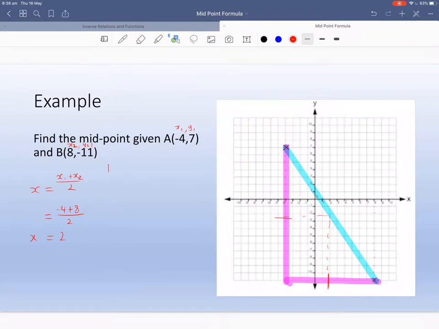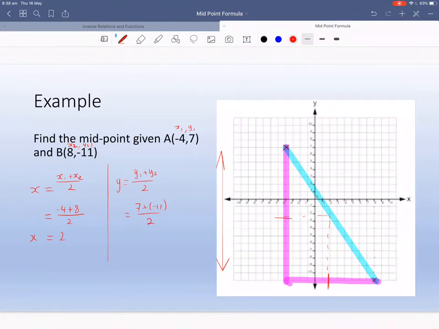Now, at the same time, we want to find the average vertically up and down. So that will be the y value. So y will be y1 plus y2 over 2. And we just want to find the average of them. So 7 plus minus 11 over 2, all right?